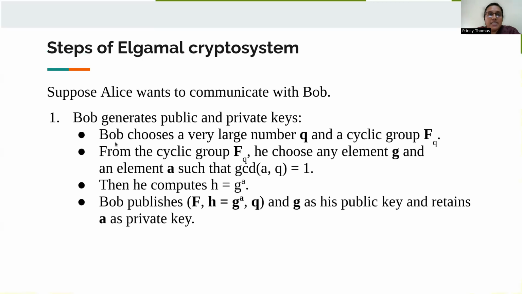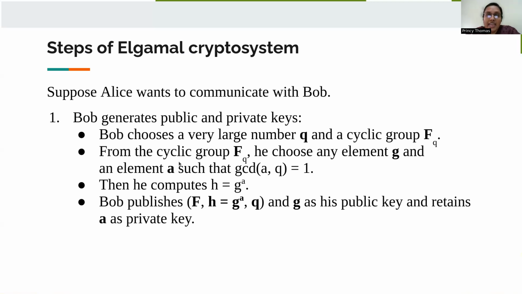Okay, the first thing that Bob does is Bob chooses a very large number Q and a cyclic group F of Q. From the cyclic group F of Q, he chooses one element called G. He chooses any element G, and with the details that they already have, an element A is chosen such that the GCD of A comma Q is equal to 1.